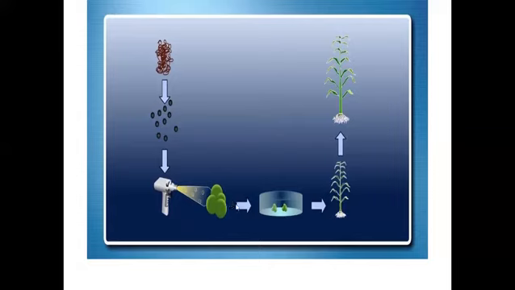In macro gene guns, macro tDNA bullets are used for gene transfer to target cells. These are the macro tDNA bullets.